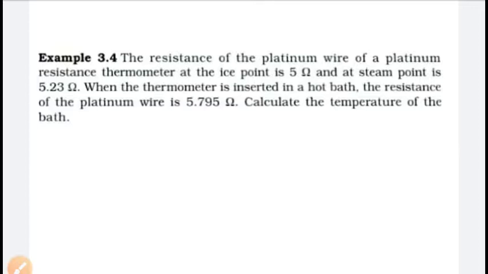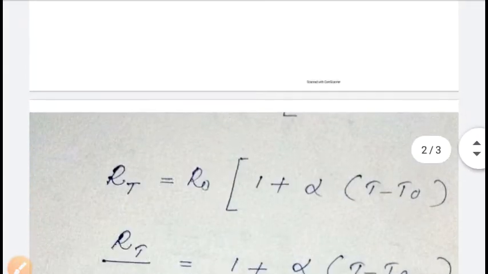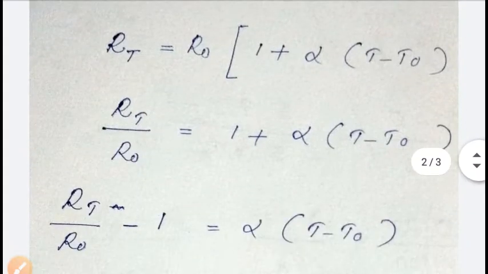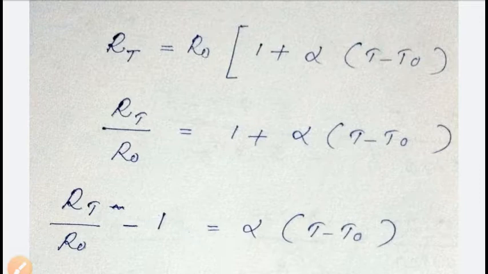Now, the thermometer is inserted in a hot bath and it is found that the resistance is 5.795 ohm. We have to calculate the temperature of the bath. So let us use the equation for temperature dependence of the resistance, that is RT is equal to R0 into 1 plus alpha into T minus T0, where RT is the resistance at temperature T, R0 is the resistance at a reference temperature T0, and alpha is the temperature coefficient of resistance.